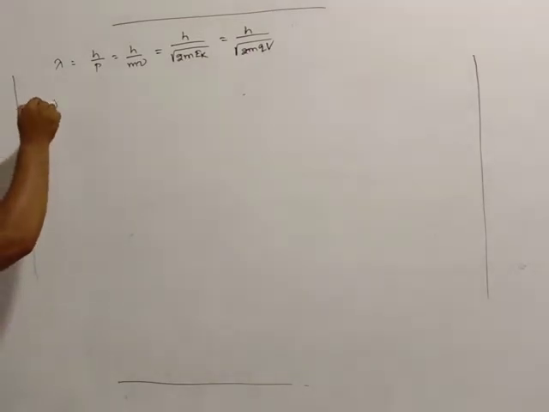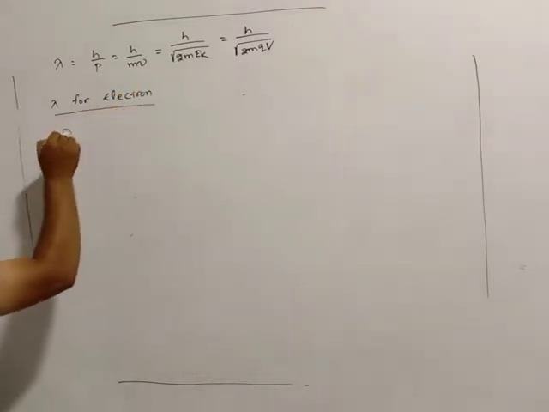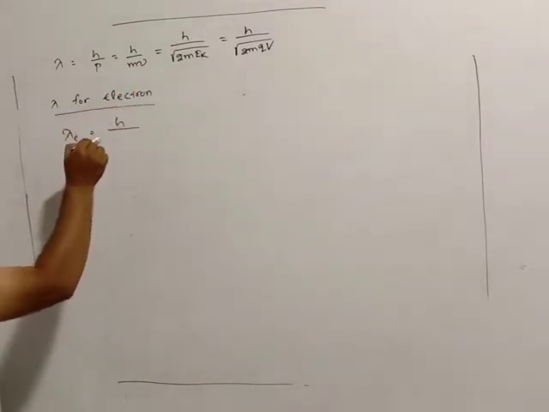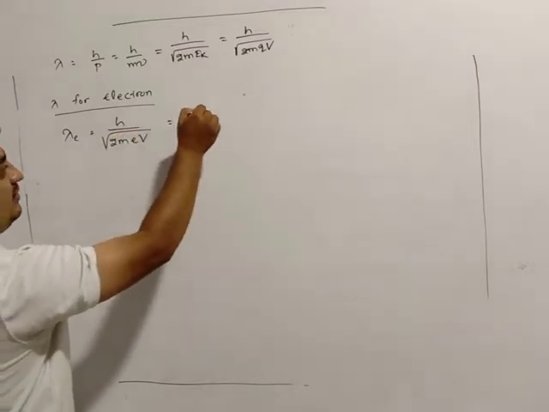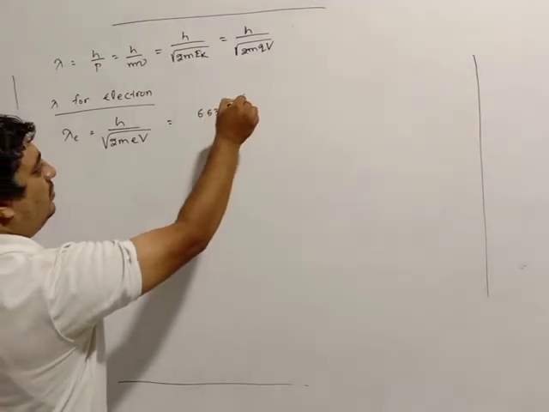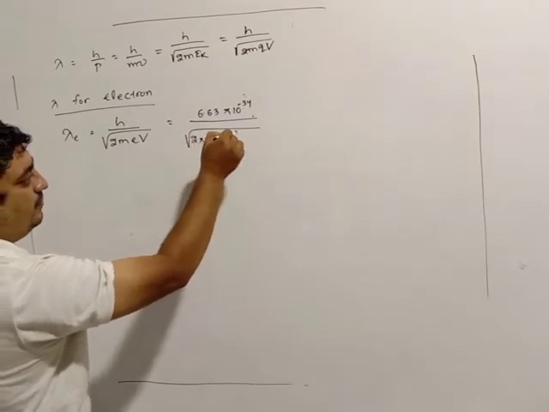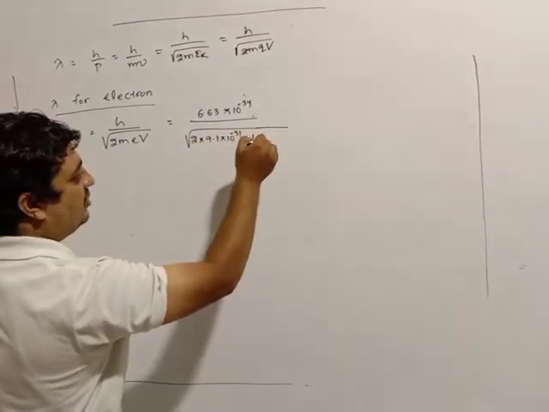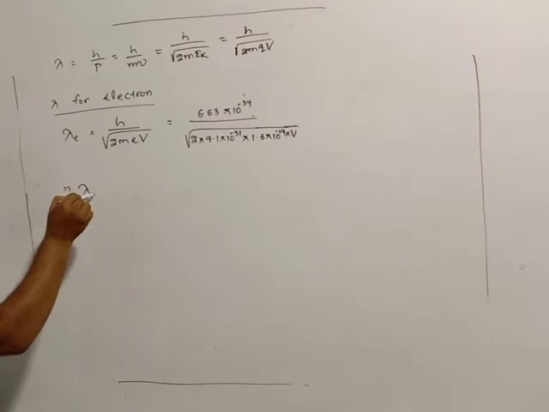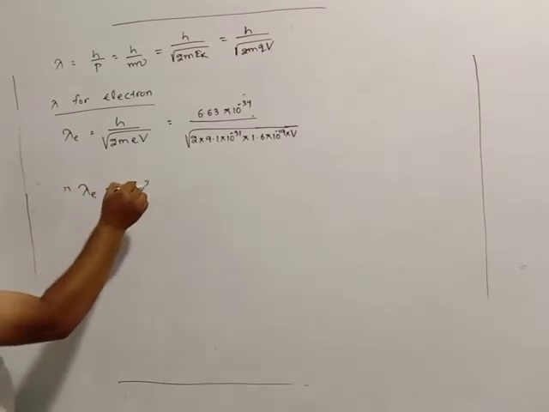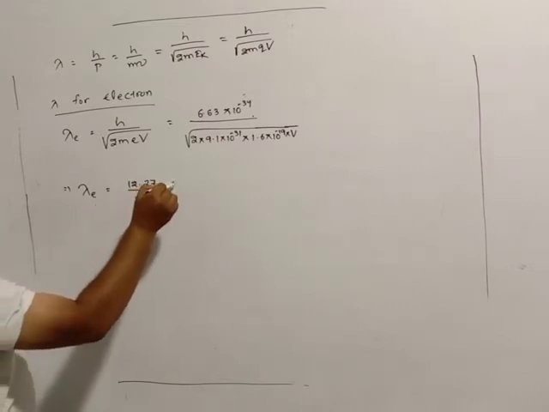Next, lambda for electron. Now, for electron, it will be h by root over of 2m into eV. Now, putting the values, root over of 2 into mass of electron into charge on electron into V, we will get lambda of electron is 12.27 by root V angstrom.